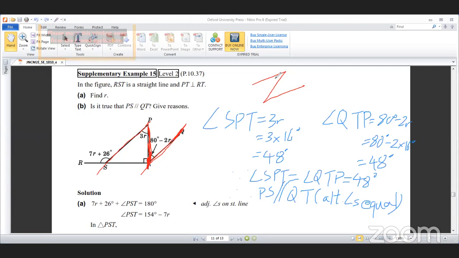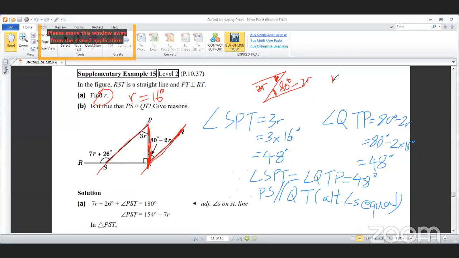Therefore, in this case, your classmate is suggesting we can find this one, 3R, but we have already found R in part A, which is 16 degrees. And then this angle is also given, 80 degrees minus 2R.